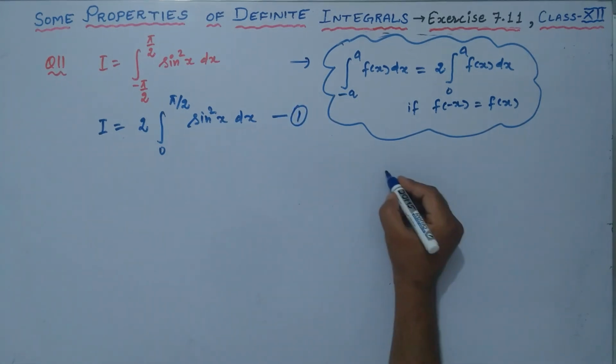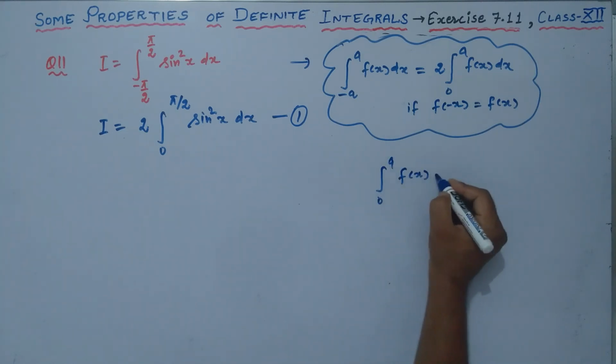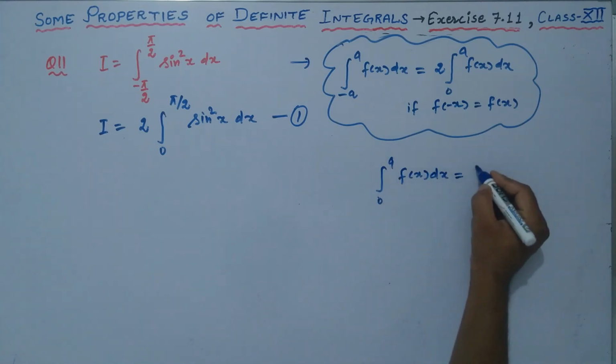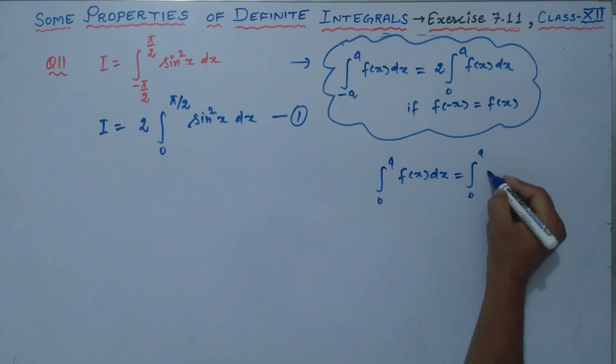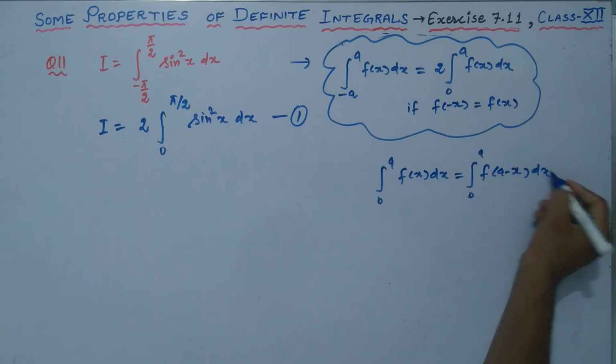Now we apply the same property, integral 0 to a of f of x dx is equal to integral 0 to a of f of a minus x into dx.